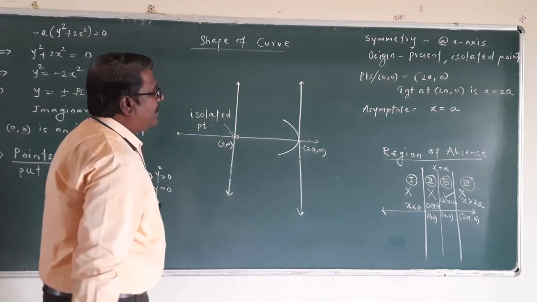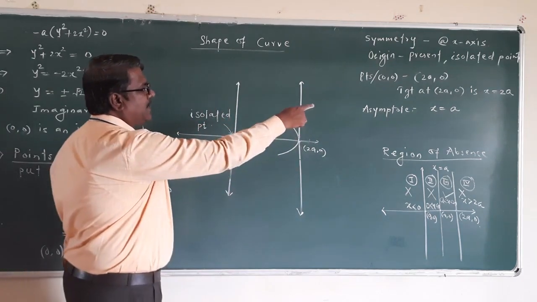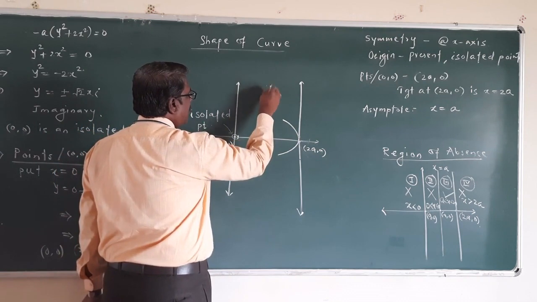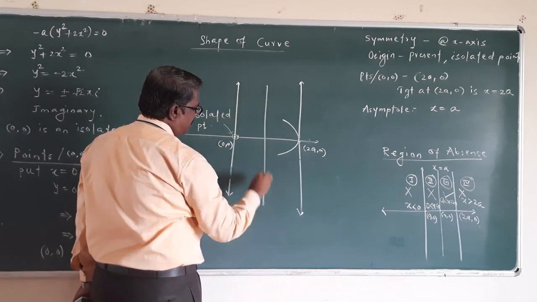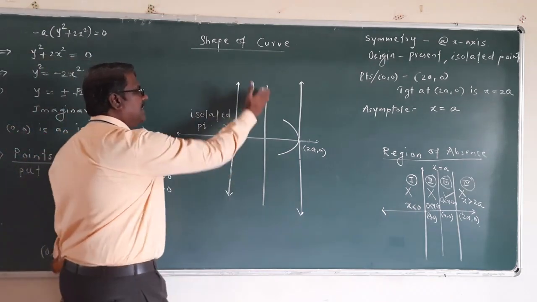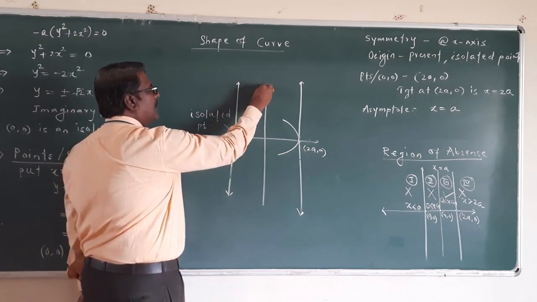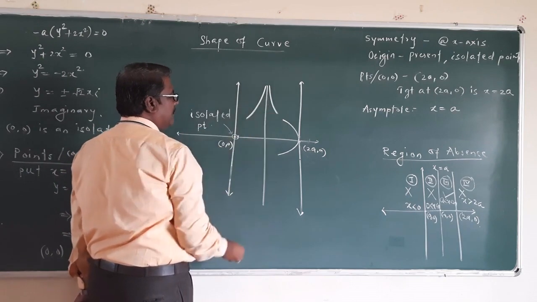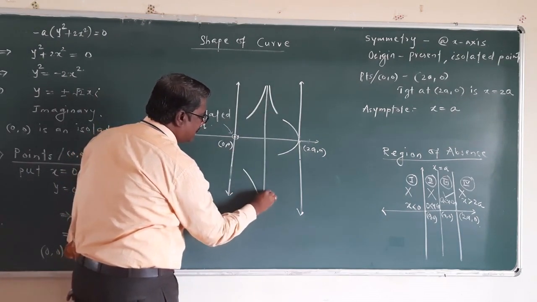Now the fourth point is the asymptote. So what is the asymptote? It is x equal to a. So I will draw the asymptote, it is a line, x equal to a. So this is the asymptote. If this line is the asymptote, the possible curves are either like this or like this, either like this and again like this.